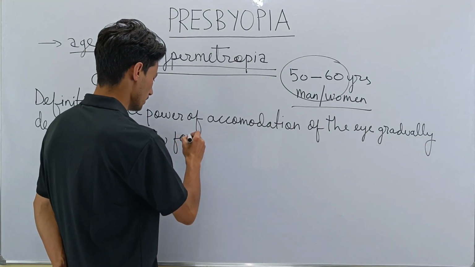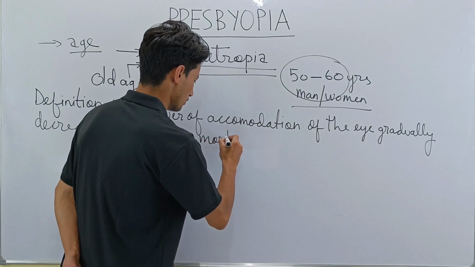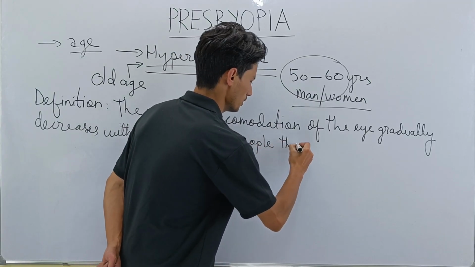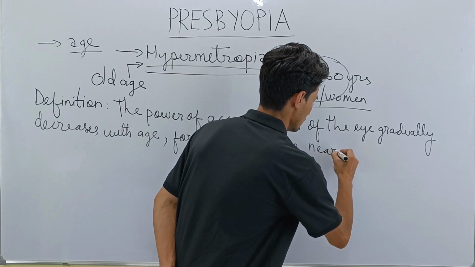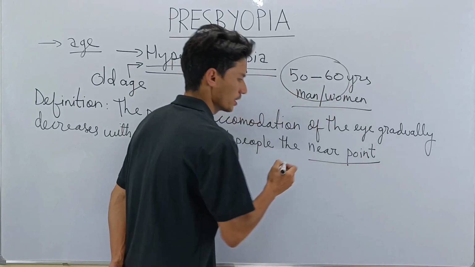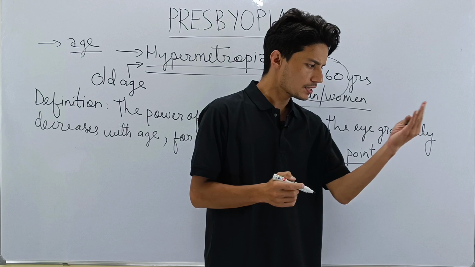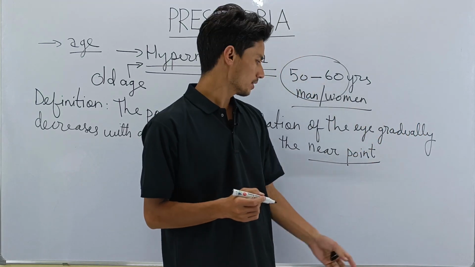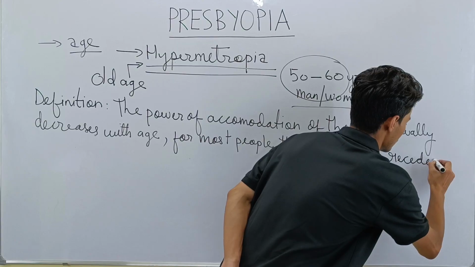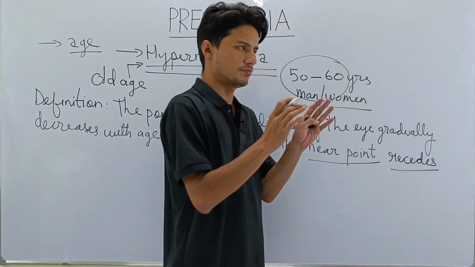For most people, the near point, very important, underline this word, the near point, which means the ability to see near, the near point recedes away, means it disappears away.